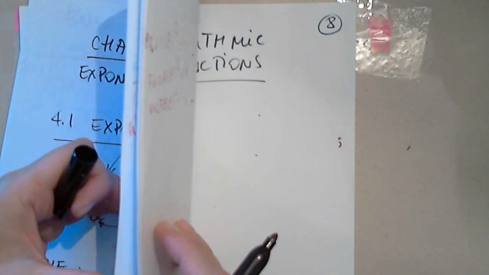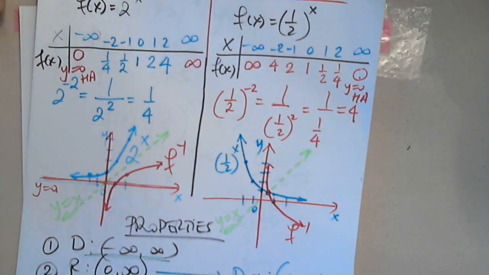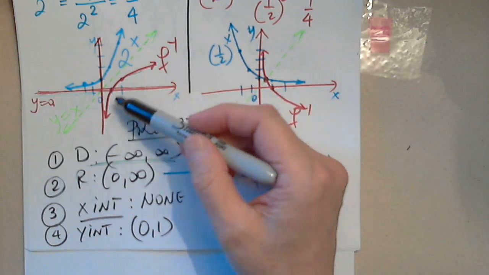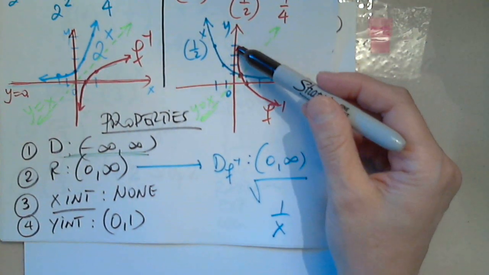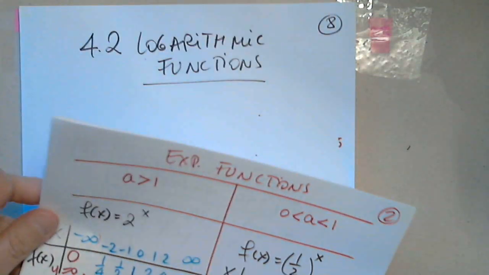Right? We didn't have any idea what it was, but we already graphed it. Here's the graph of the log function when the base is greater than 1 and when the base is less than 1. Okay.